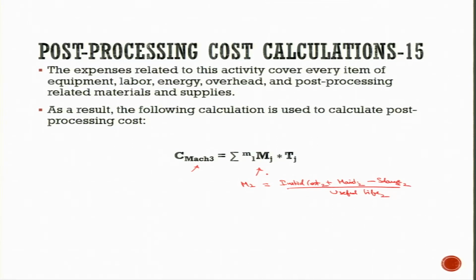For each machine it would be given in this way, and we have the time for which this machine is used. The expenses related to this activity cover every item of equipment, labor, energy, overhead and post processing related materials and supplies. So, as a result, the following calculation is used to calculate the post-processing cost for the machine.